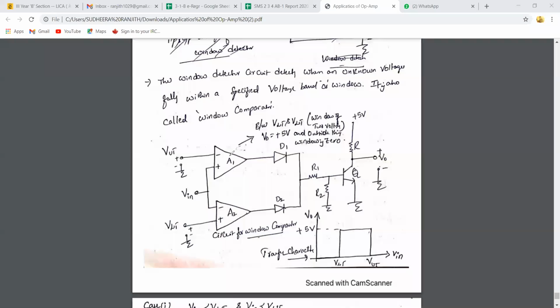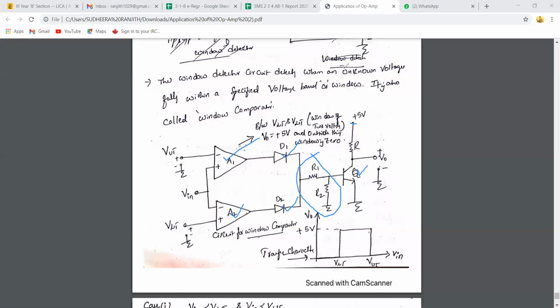Here in the window comparator or window detector circuit, I have used two comparators, two diodes, and one transistor and one potential divider network. The supply is VCC plus 5 volts.